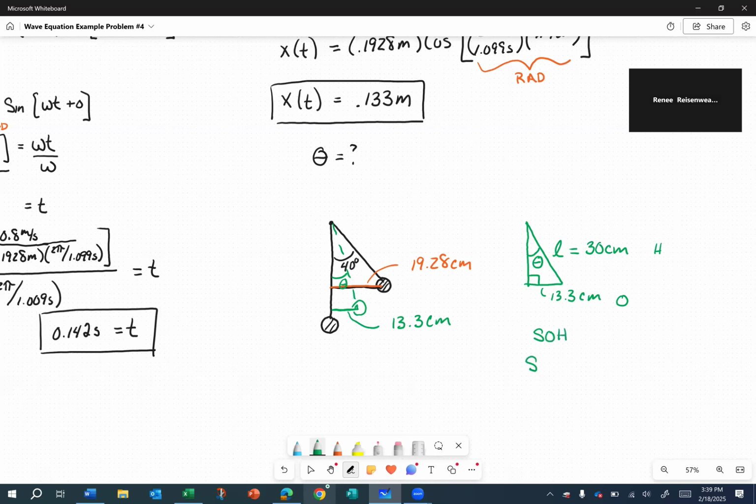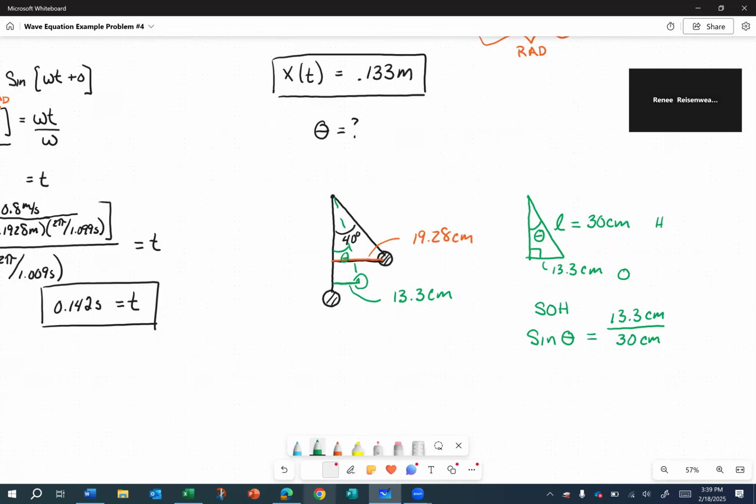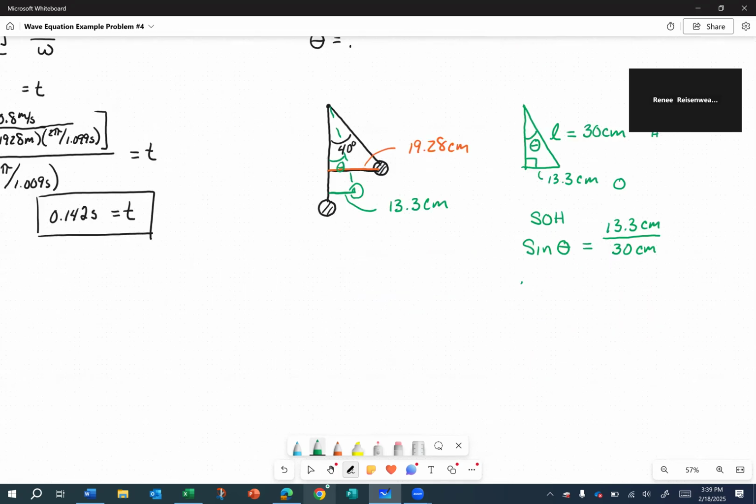So again, the sine of the angle theta is equal to opposite, 13.3 centimeters, divided by hypotenuse of 30 centimeters. So my theta is going to be the inverse sine of 13.3 centimeters divided by 30 centimeters.